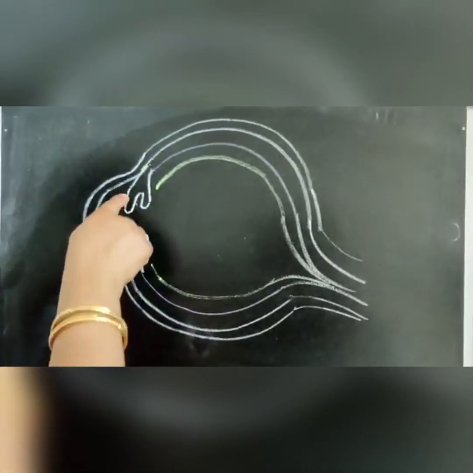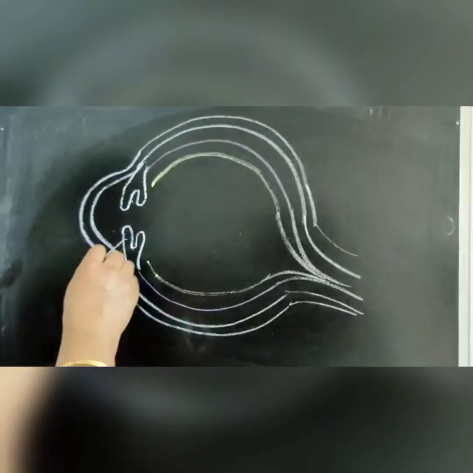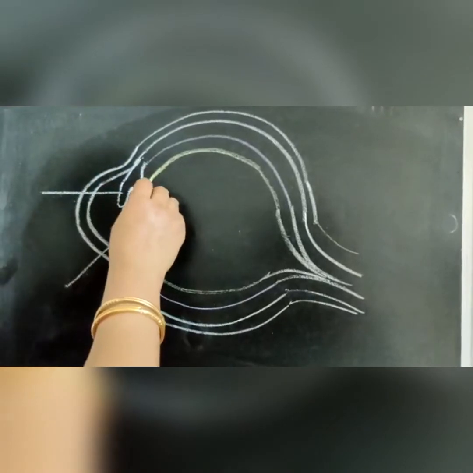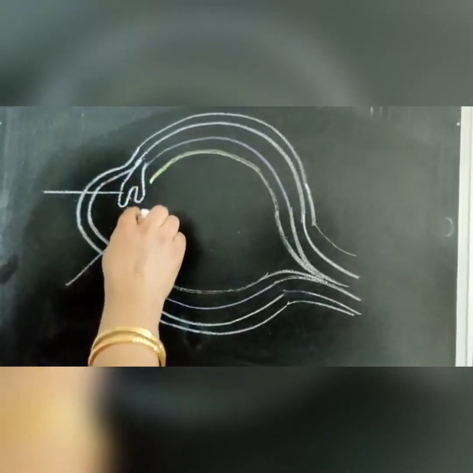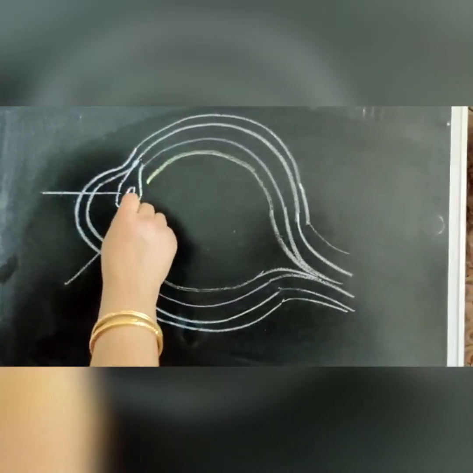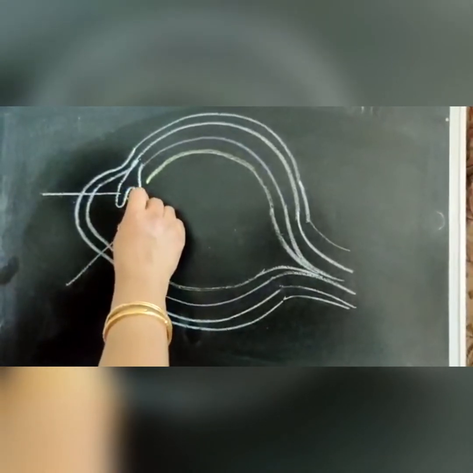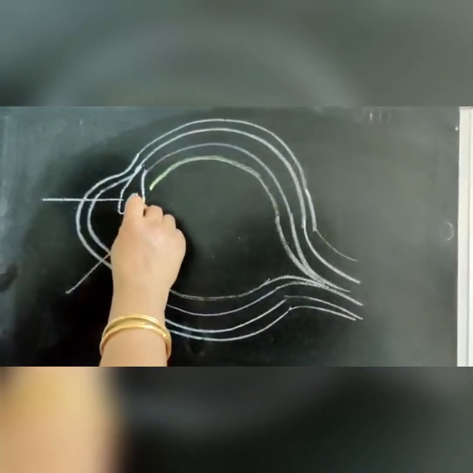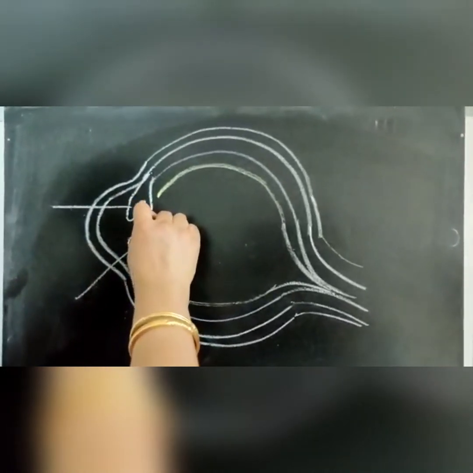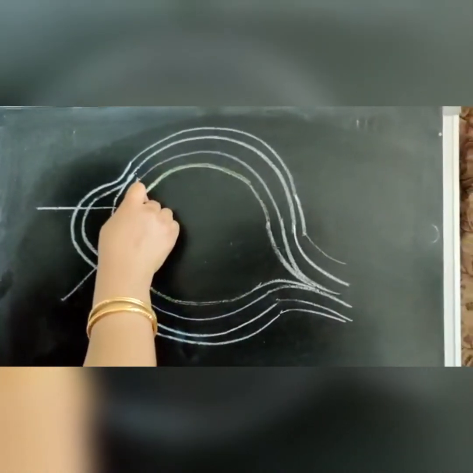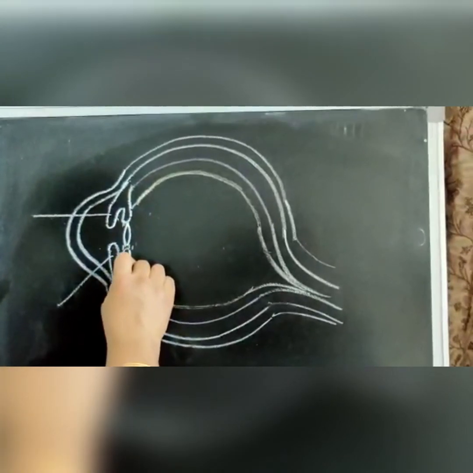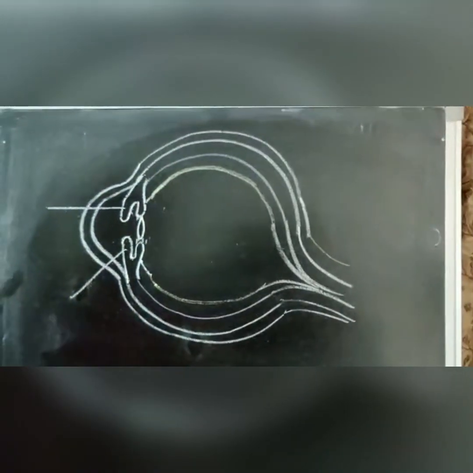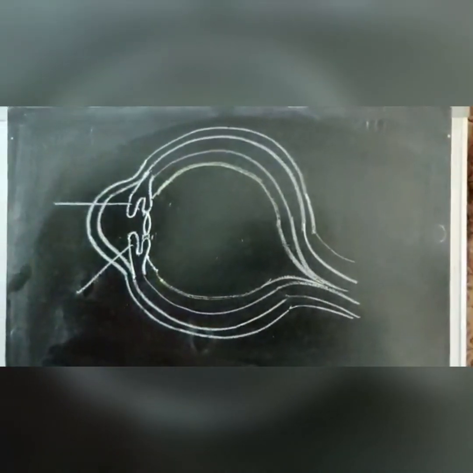This front part is the iris, and the back U is the ciliary muscle. And this ciliary muscle, with the help of these small lines, the suspensory ligaments, is holding the lens, and the retina attaches here. So this is how we can draw the diagram of the eye correctly.